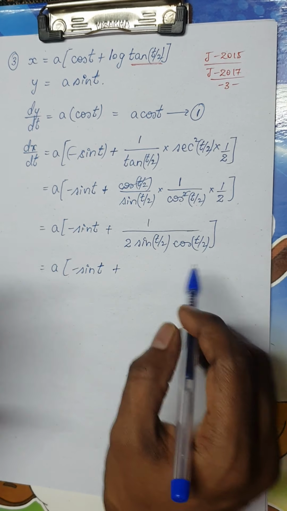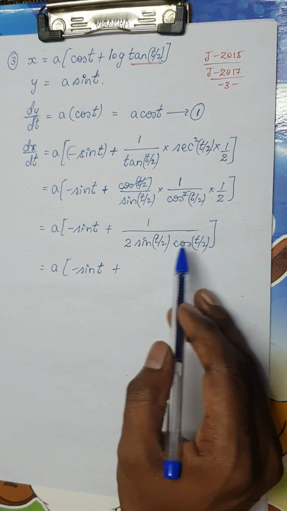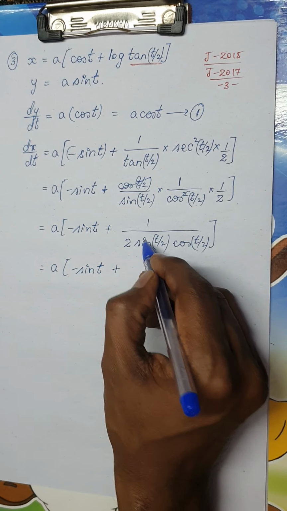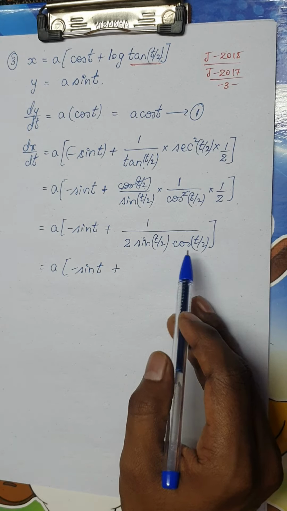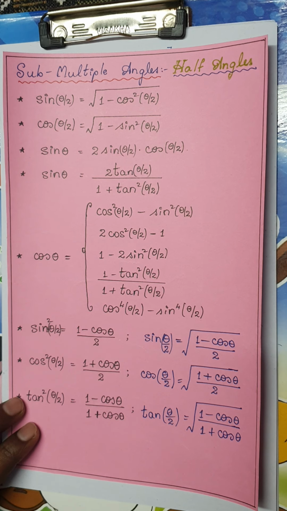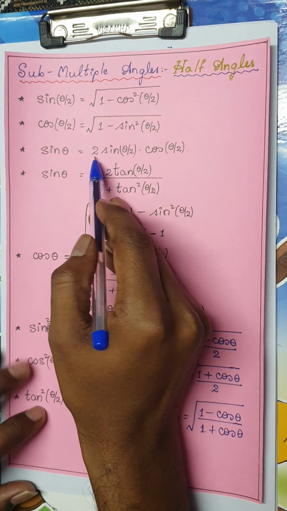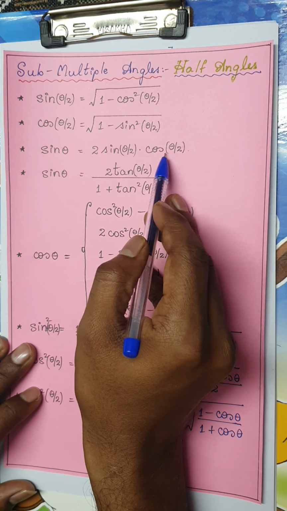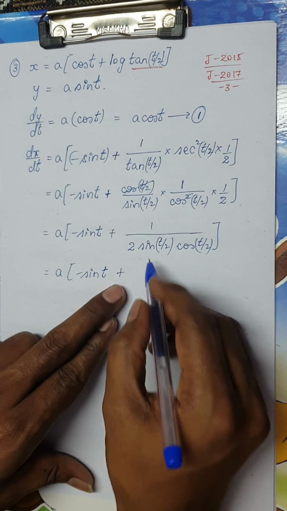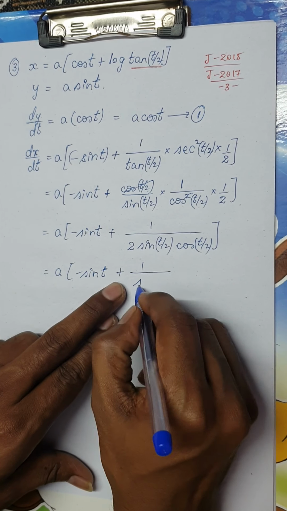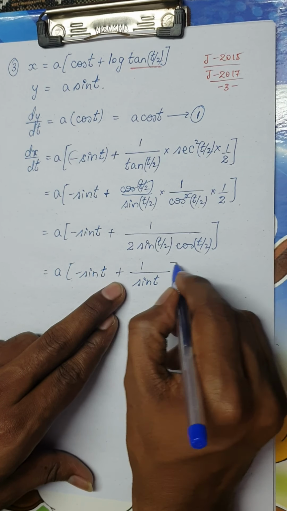Remember this may look like 1 divided by 2 sine theta by 2 into cos theta by 2, isn't it? What is 2 sine theta by 2 into cos theta by 2? It is nothing but sine theta. So here the parameter is t, so I have 1 divided by sine t.